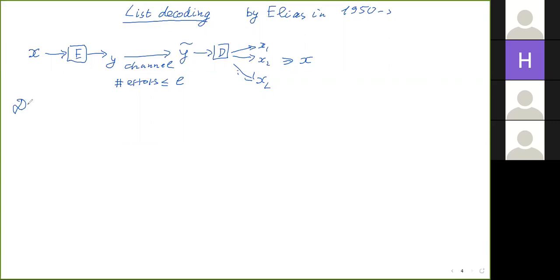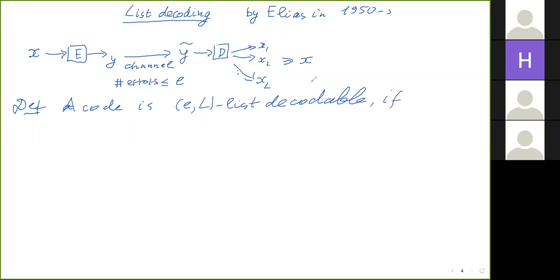So the definition: a code is E, L list decodable if this is possible using that code, if there is such a D as on this picture.